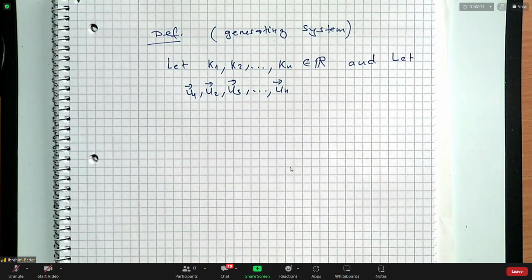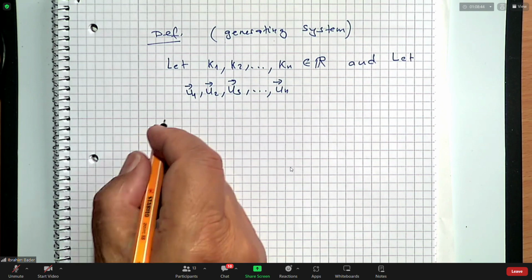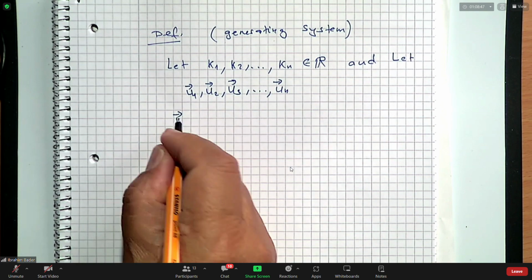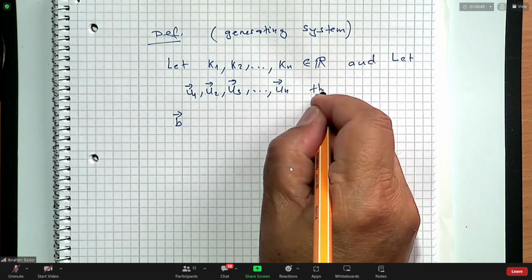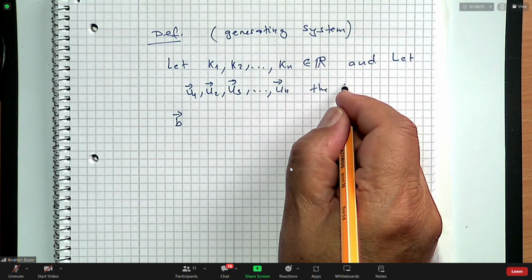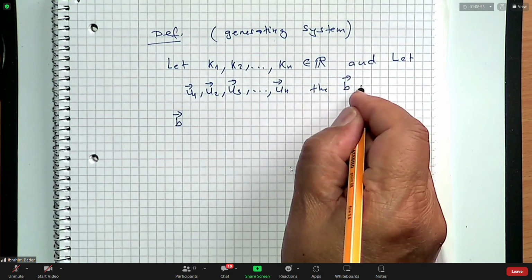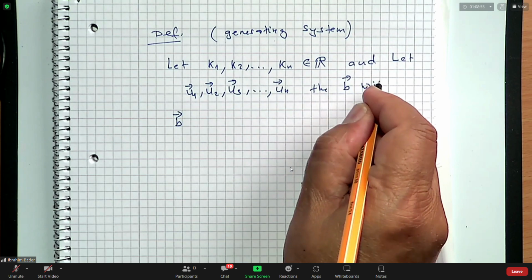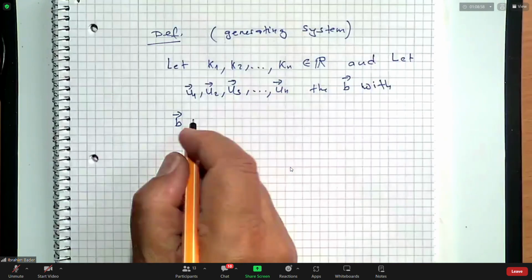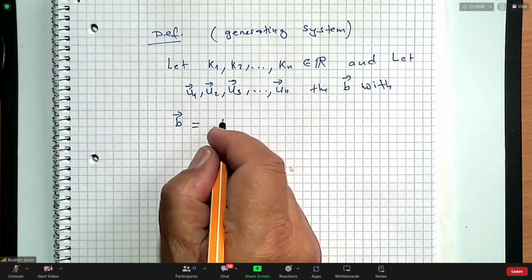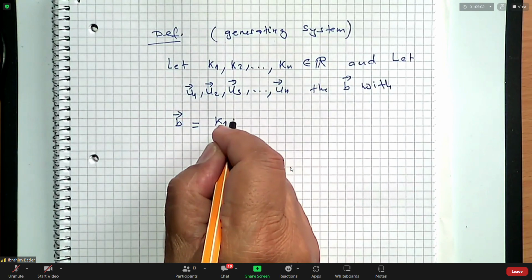I have n vectors and n constants. Then the vector P is k1 times u1.